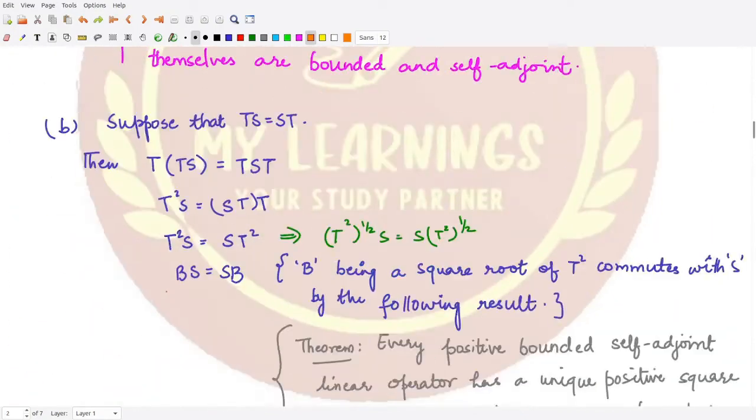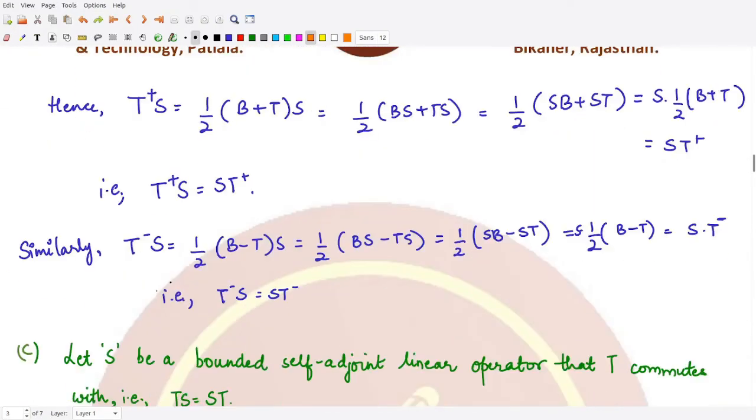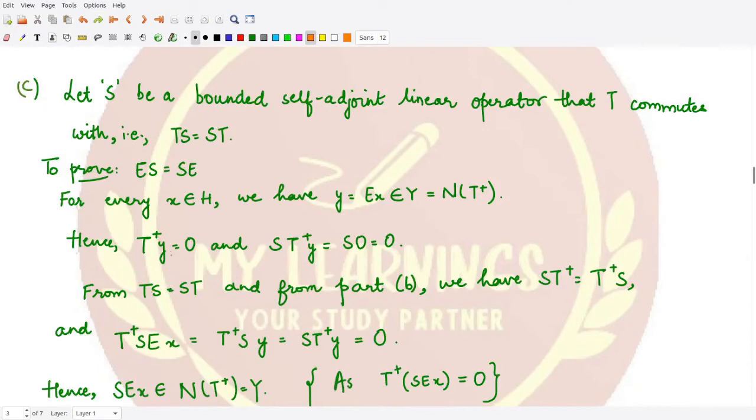So let's proceed. Here we assume that S is such an operator which commutes with T. It is a bounded as well as self-adjoint linear operator, right? So we assume that it commutes with T, so that means TS is equal to ST, right? And we wanted to prove that this operator S now commutes with E also.